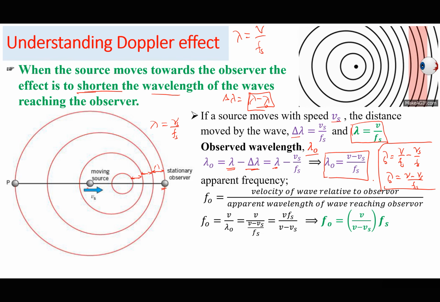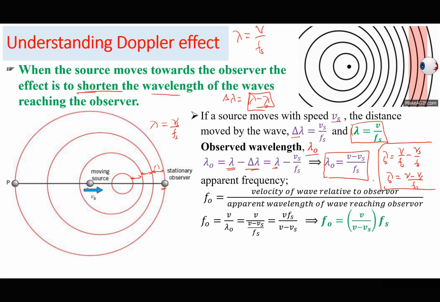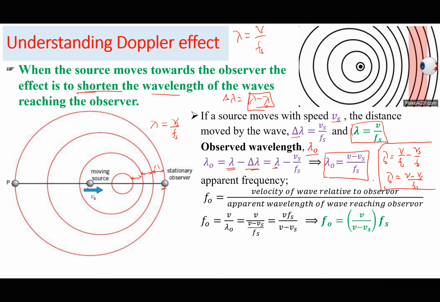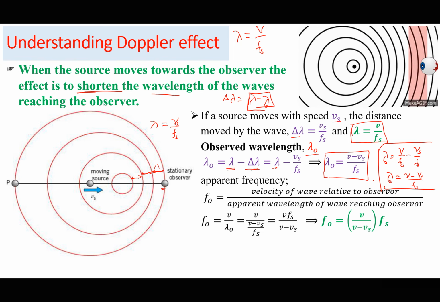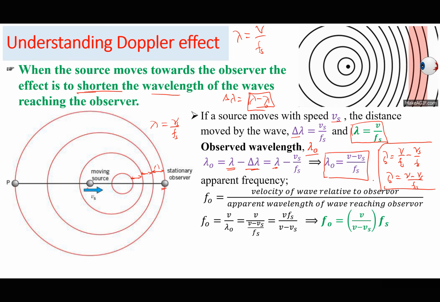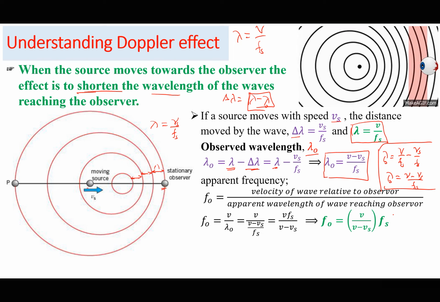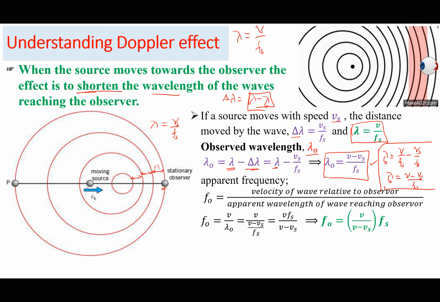So if we want to find the apparent frequency, the apparent frequency will now be the relative velocity, the velocity of the wave relative to the observer, divided by the apparent wavelength of the wave reaching the observer. And the apparent wavelength is going to be equal to this.